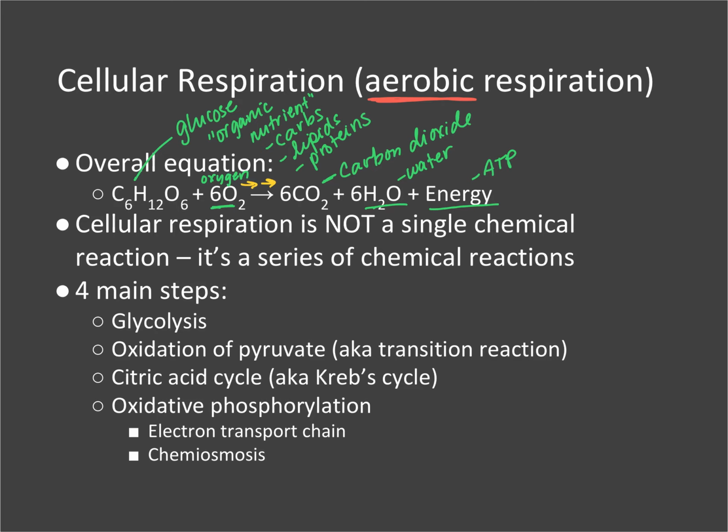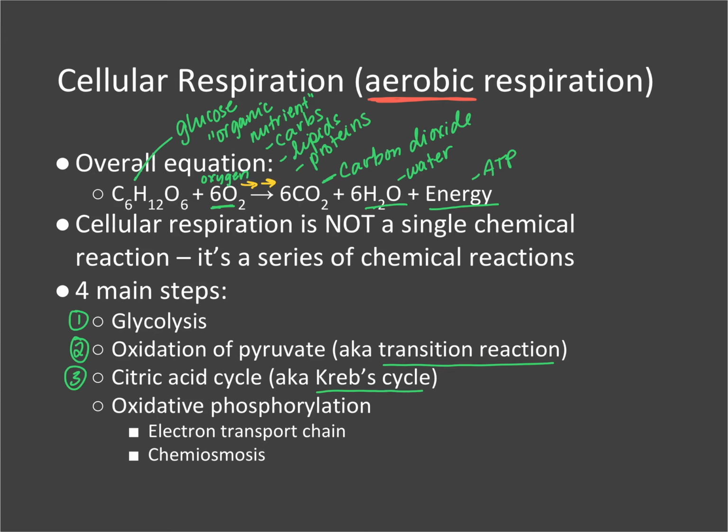All right, but as I mentioned, this isn't just one reaction that happens. There are dozens of reactions that happen between the left side of the arrow and the right side of the arrow. And as I mentioned on a previous slide, there are 4 main steps to cellular respiration. So glycolysis happens first, followed by the oxidation of pyruvate, which is also called the transition reaction, followed by the citric acid cycle, which back in my day was actually called the Krebs cycle.